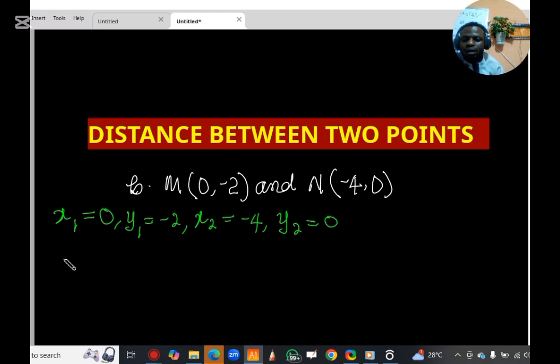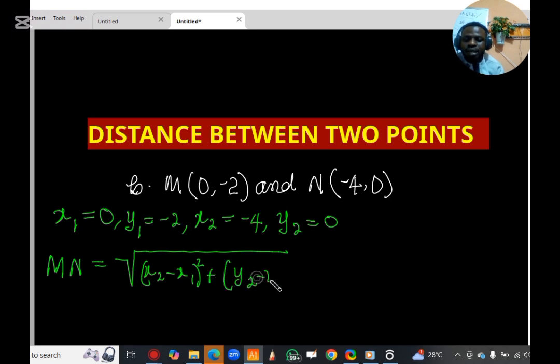So as usual, our MN, distance between M and N, or length of line MN, will be given by square root of x2 minus x1 all squared plus y2 minus y1 all squared. Let's put in the values.